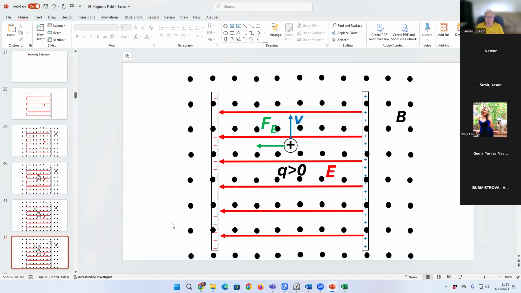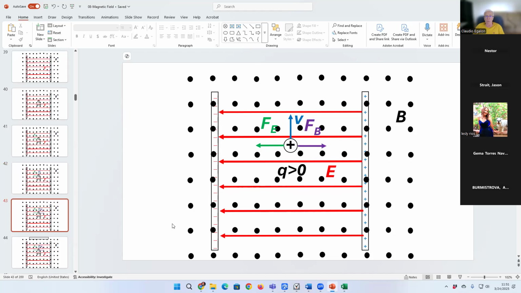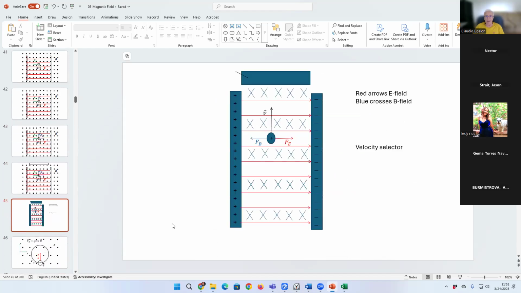But if you impinge a velocity to this particle, now it will also feel a magnetic force. The question that I'm making: what must be the magnitude of B to produce a net force equal to 0? Okay, that's what I'm asking.